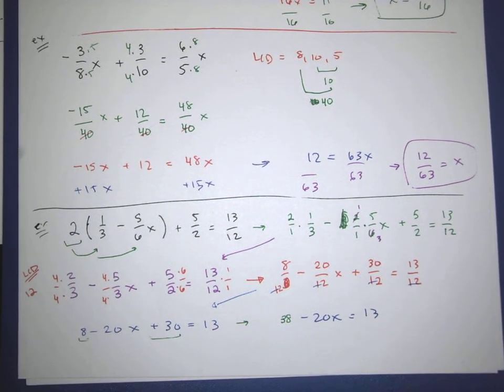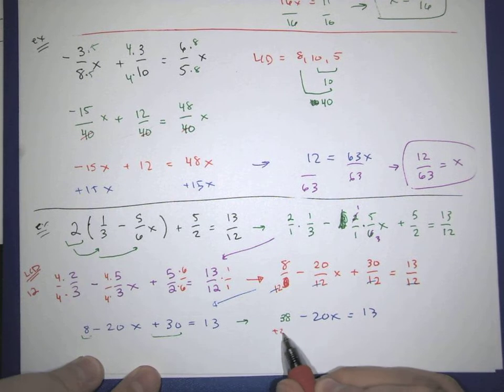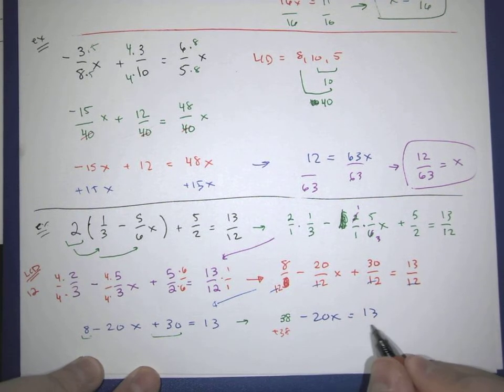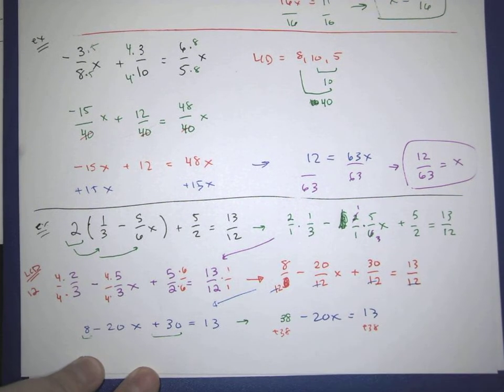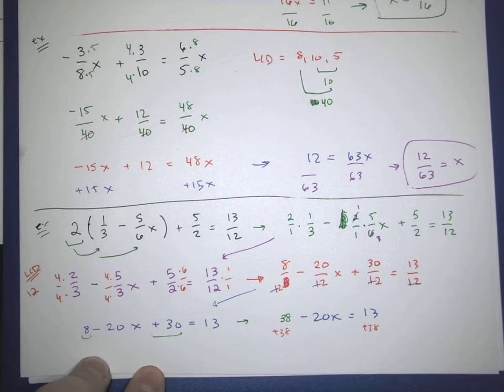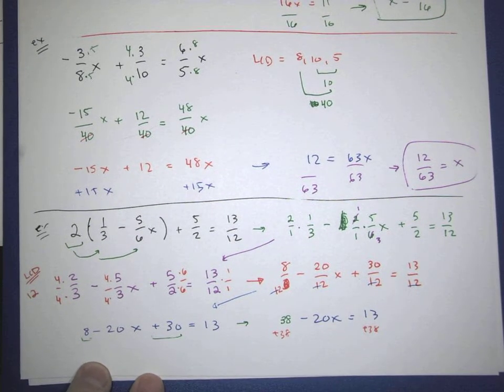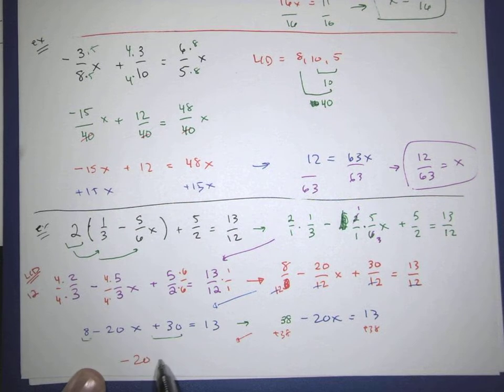So all I'm going to do to finish, we'll add this 38 to both sides. Where's that going to take us? 51? So then this is pushing it a little bit here. Negative 20x equals 51.